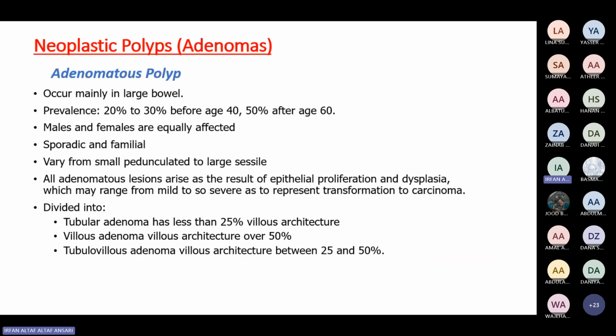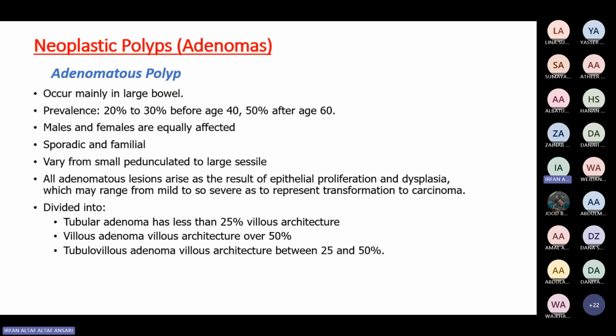Now we go to the neoplastic polyp. The benign ones are the adenomas, adenomatous polyps. It is seen mainly in the large intestine, 20 to 30% before the age of 40 and 50% after the age of 60. Males and females are equally affected. It has sporadic and familial forms both.